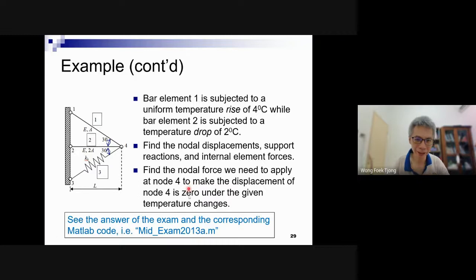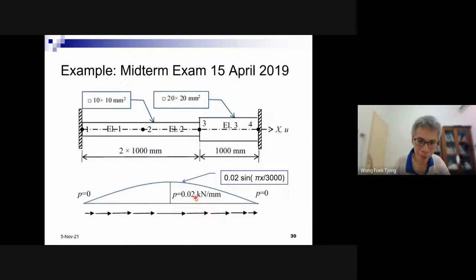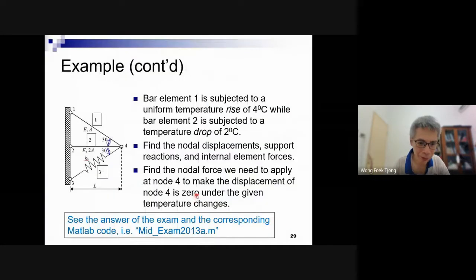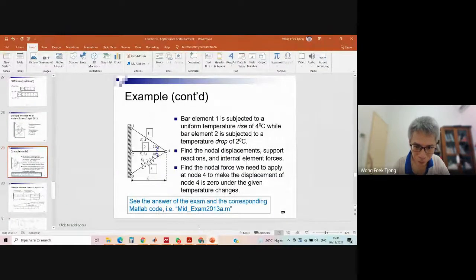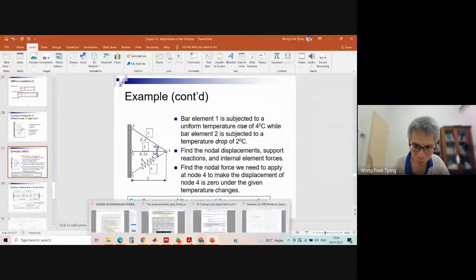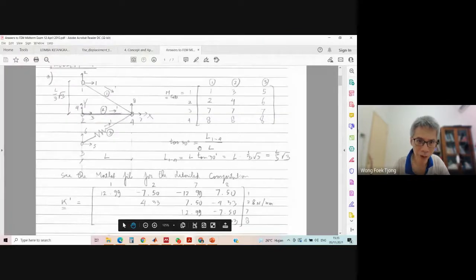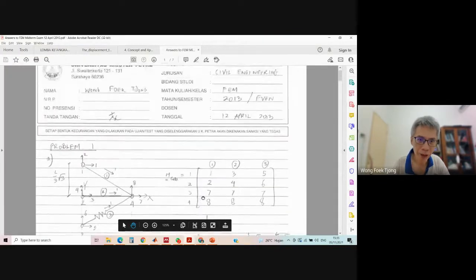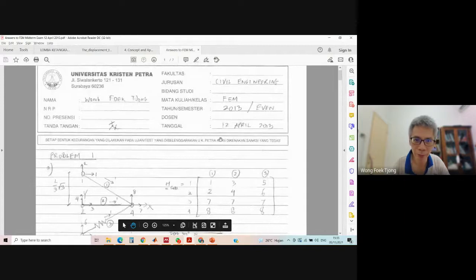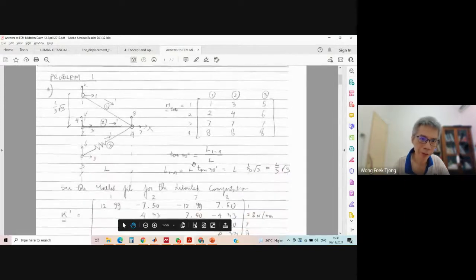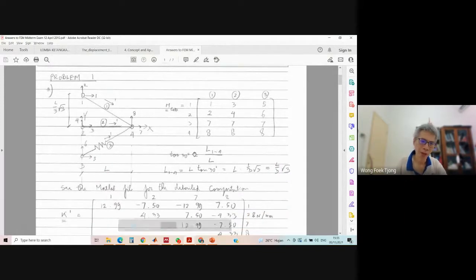Okay, let's see the answer. Not in here, because after this there is another example, but in another file. So this is the answer of the exam from a long time ago. Problem number 1: you may choose as usual either kind of DSM.